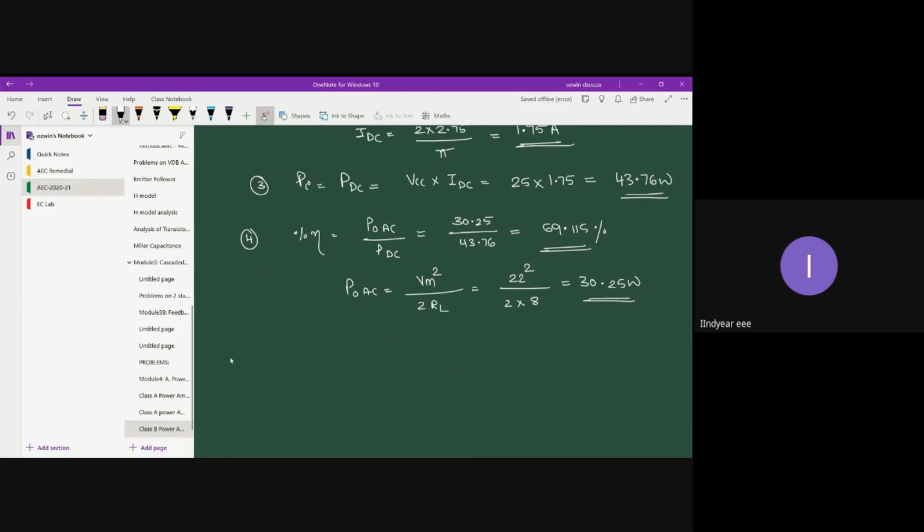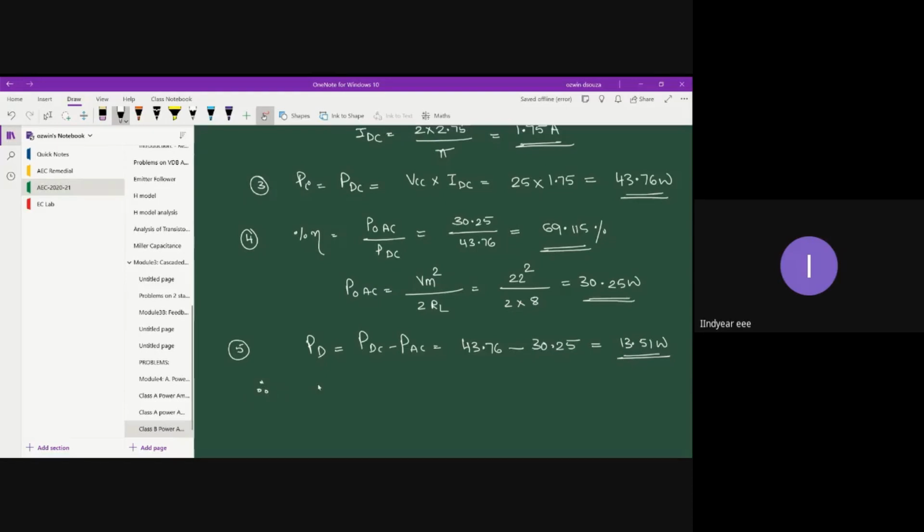Okay. So finally, we are left with the power dissipation. So power dissipation is defined as PD, and PD is PDC minus PAC. PDC is 43.76 minus PAC is 30.25. So that gives a power difference of 13.51 watts. Okay.